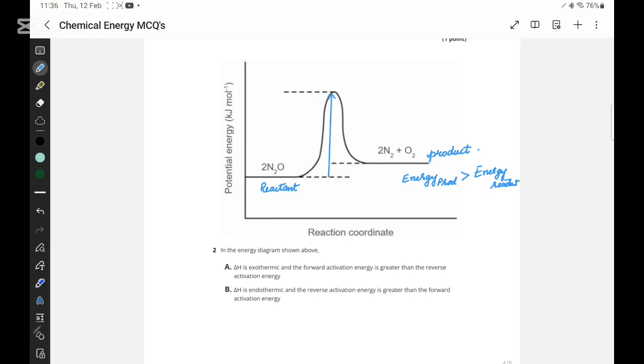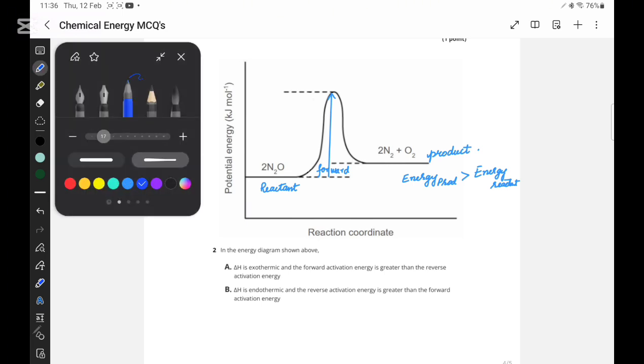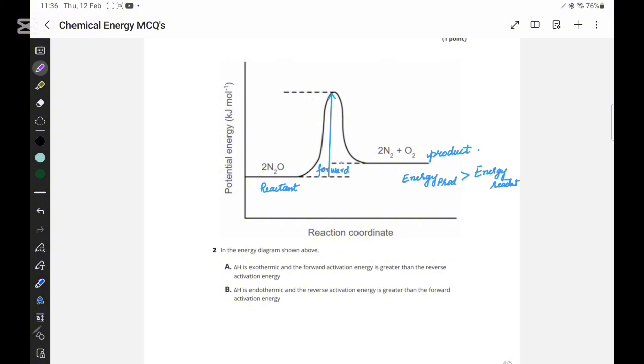And if we are seeing the backward activation energy, let's draw it with the purple color, that is going to be this much. So you can see that the forward activation energy, EA forward, is greater than EA backward.